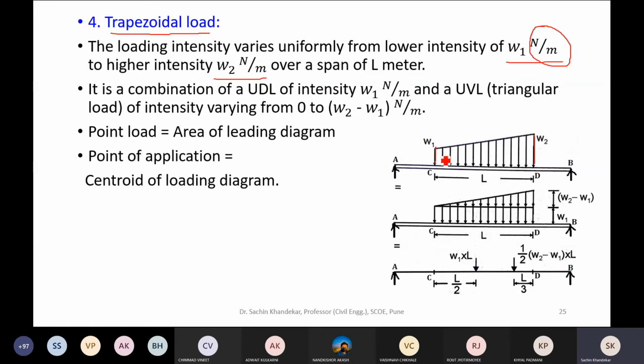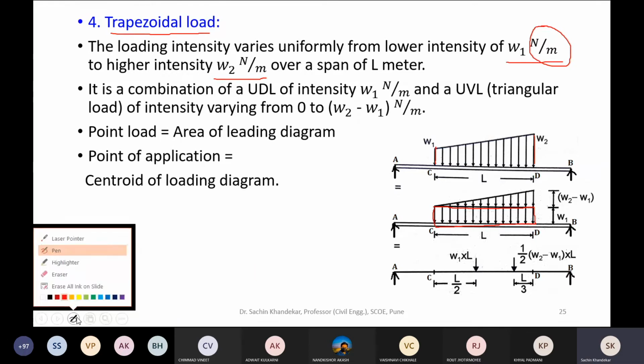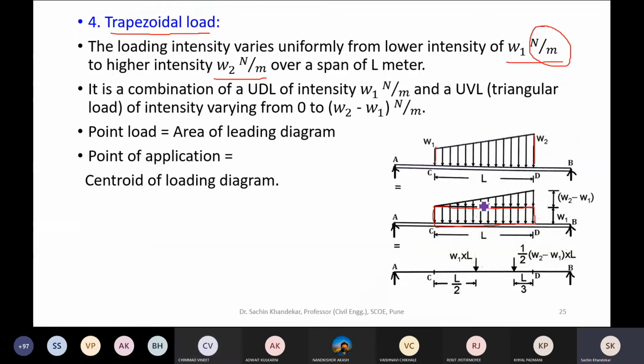Now what you do is divide this trapezoid into two parts. The first one is a rectangle. Rectangle means what? Yes, UDL, uniformly distributed load. And the second one is a triangular loading. So I have divided this trapezoidal loading into two types of loading.